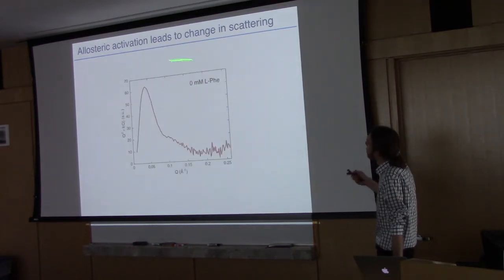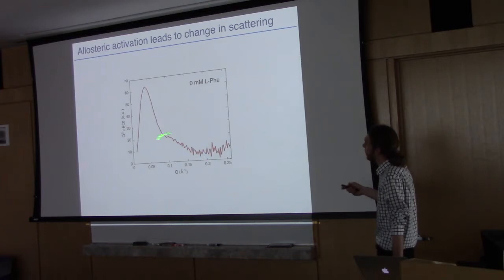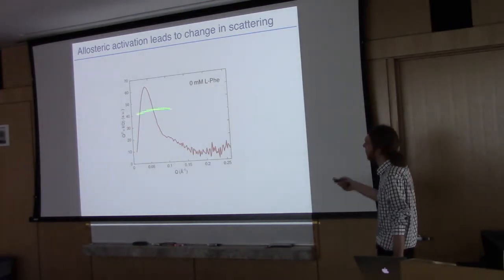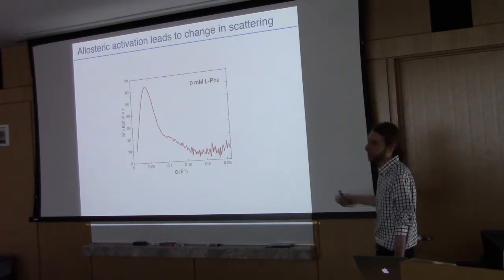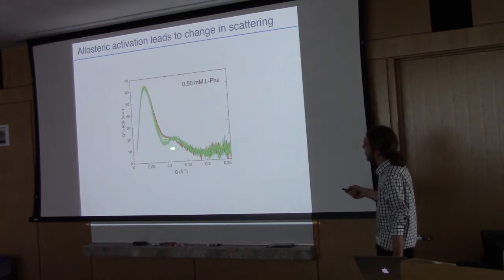Here is now the same data, but I'm showing it as a Kratky plot. This is to emphasize the mid-Q change. In papers about conformational changes that are subtle, they'll tend to present data as Kratky plots just because it's much clearer. As we add the phenylalanine, you see the occurrence of what looks like a second peak in the Kratky plot.